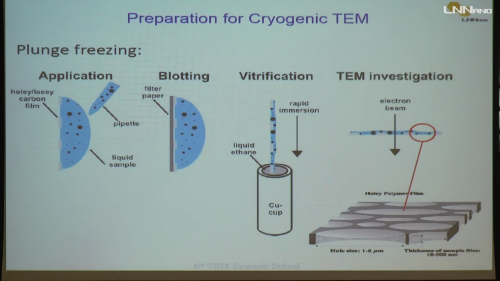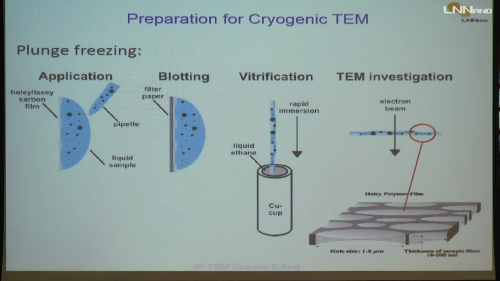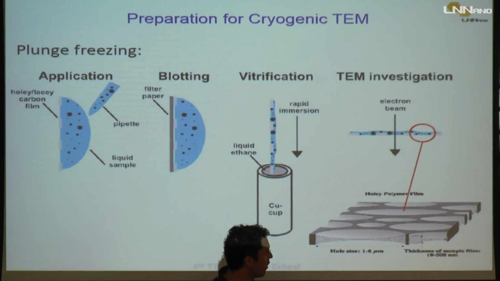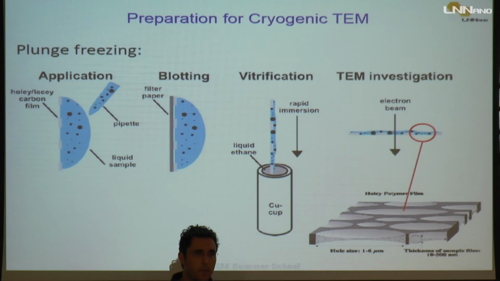You put a paper filter on the surface of this drop to get some of the water out, to make it very thin on the surface of the TEM grid, and then you do a very rapid immersion of this grid with this very thin layer of liquid inside the liquid ethane, and then what you get is something like this, where you have these layers here, okay, that are vitrified, they're solid, and you can look in the TEM through these holes in your TEM grid, okay?